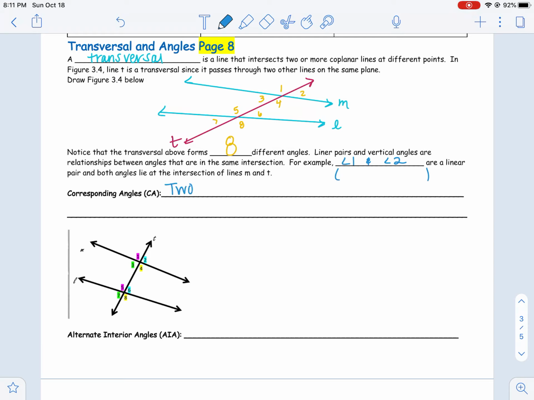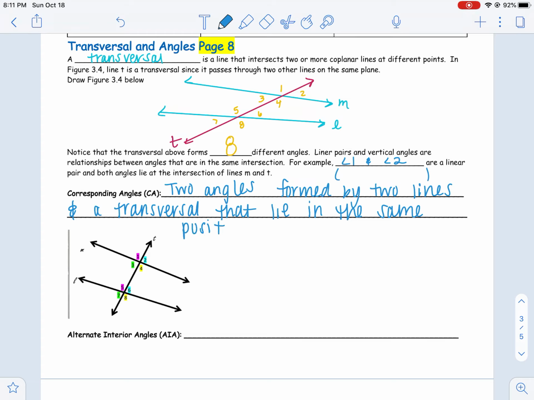Corresponding angles are two angles formed by two lines and a transversal that lie in the same position in relation to each intersection.